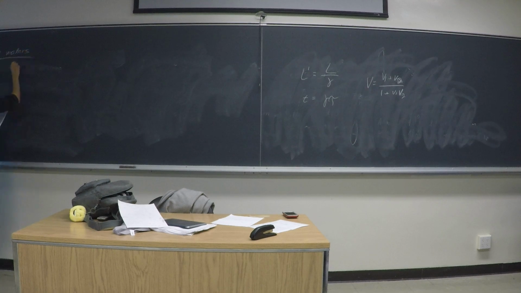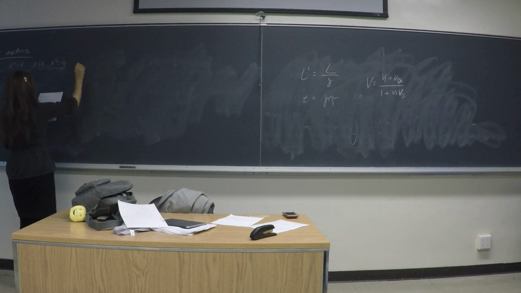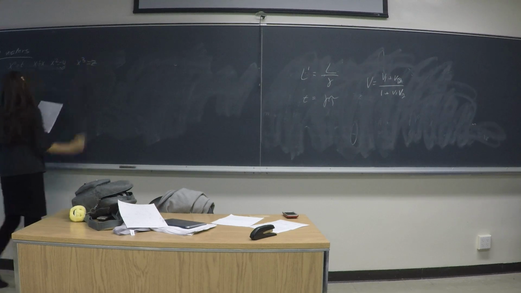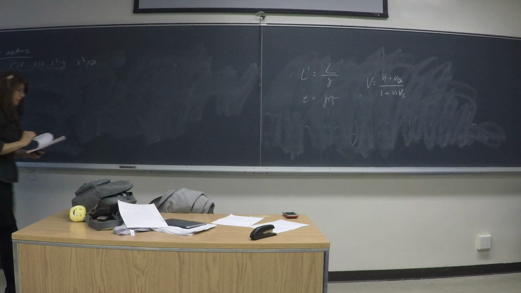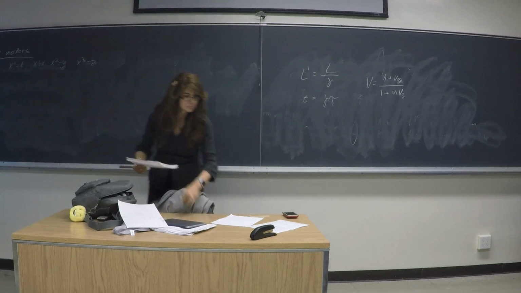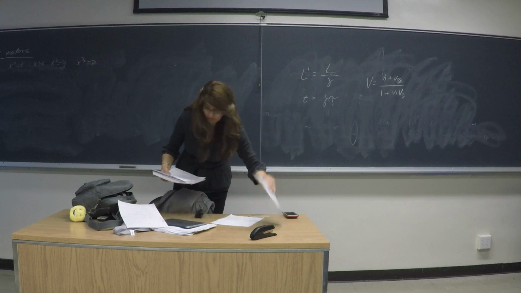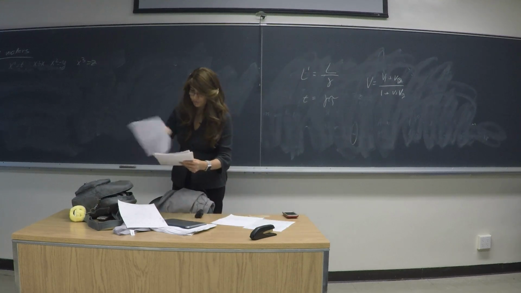Now x0 will be t, x1 will be x, x2 will be y, it's the only time that I will ever write it, and x3 will be z. So this is my 4-vector.